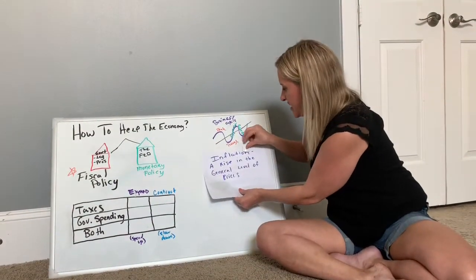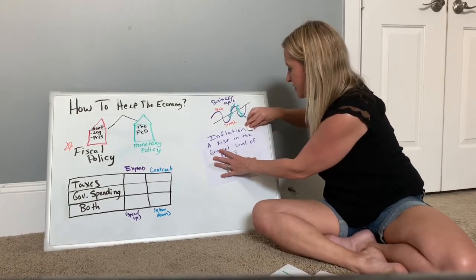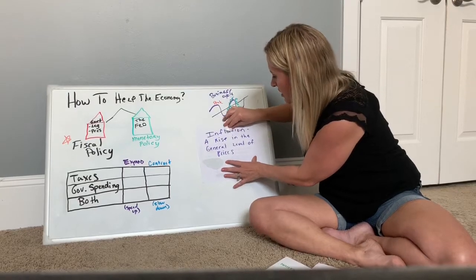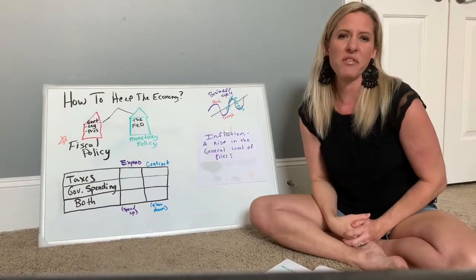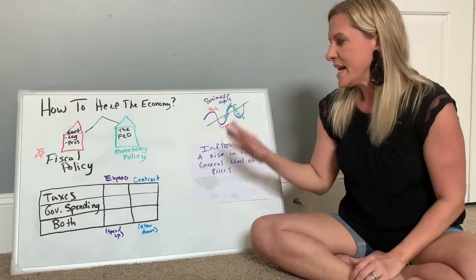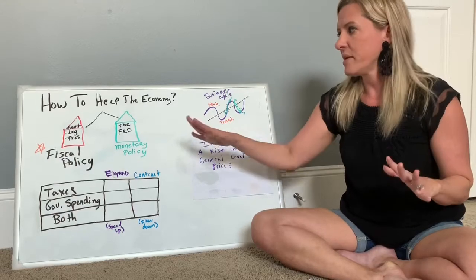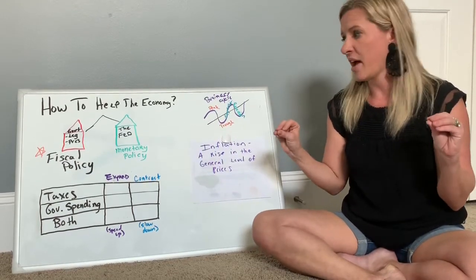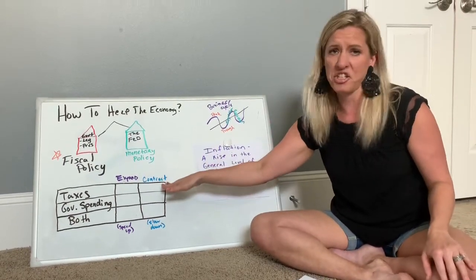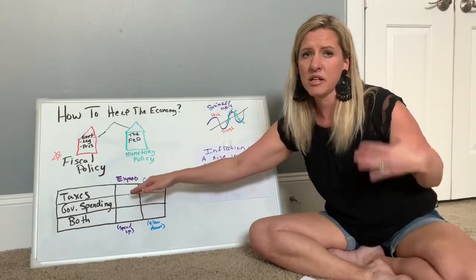And inflation is a rise in the general level of prices, okay? And so economists generally say you want an inflation rate about 2%, okay? So if we have inflation that's going too high, the government will need to do things to slow us down, and that's where they would do contractionary fiscal policy. So they would do the opposite of what they're going to be doing coming up.